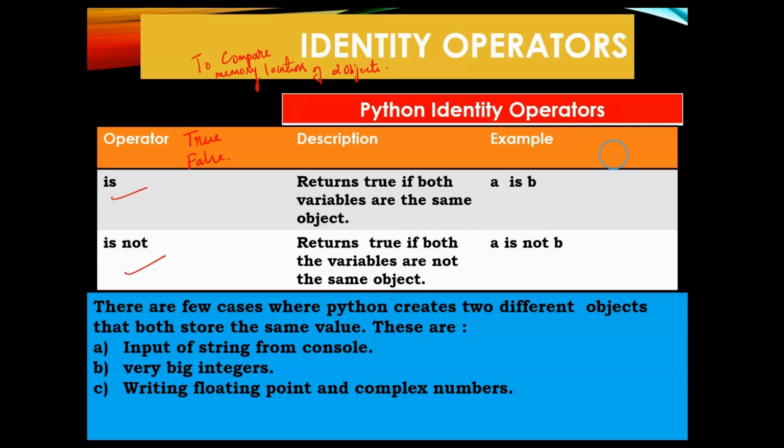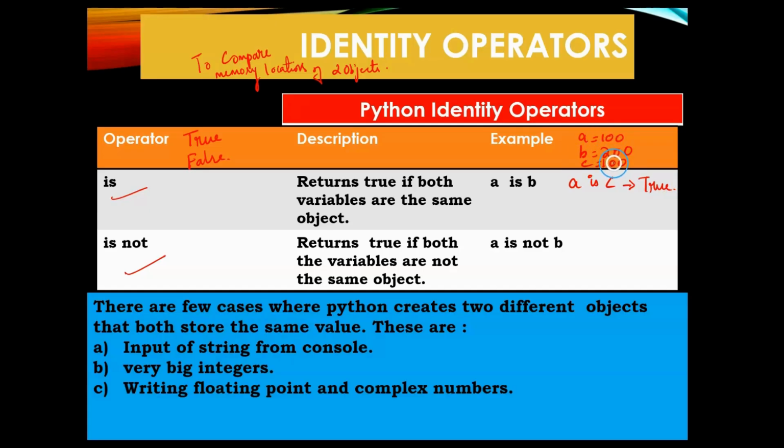For example, I am creating A with 100, see the right hand side, and B with 200 and C with 100 again. Now I am checking A is C. What is the answer? The answer is true, because A and C have the same values.